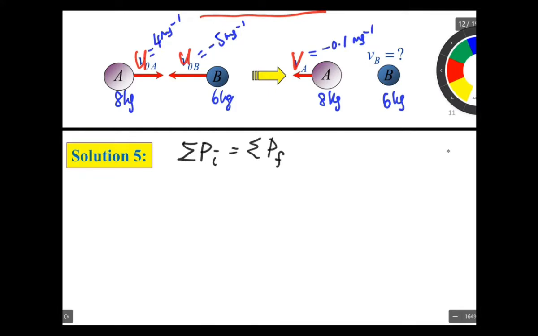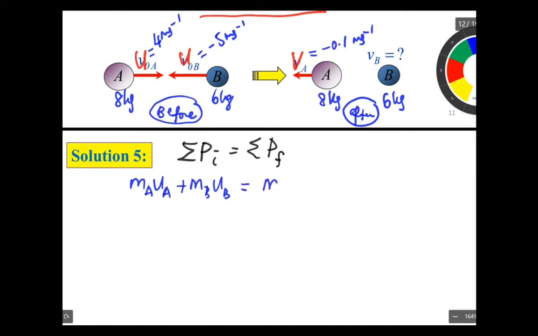Ini adalah conservation of linear momentum. So before and after. So ini adalah before, ini adalah after collision. So before collision kita ada mass A UA plus mass B UB is equal to mass A VA plus mass B VB. Ini formula dia.